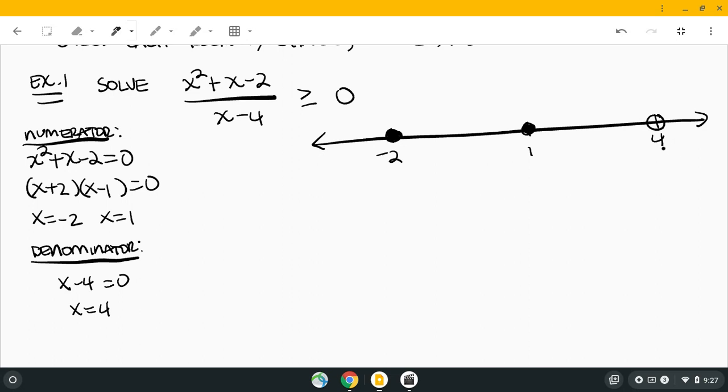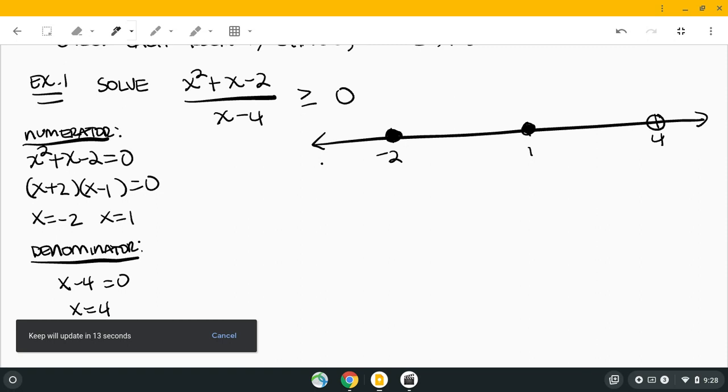Okay, the one from the denominator, right? It came from over here. The one that comes from the denominator will never be a closed circle. Okay, 1, 2, 3, 4 regions. Okay, over here. So let's go ahead and we will check.